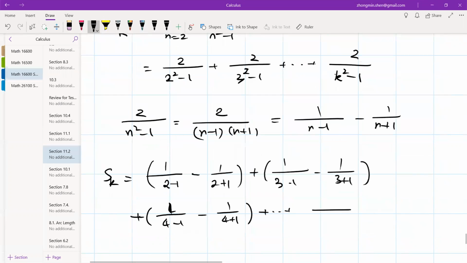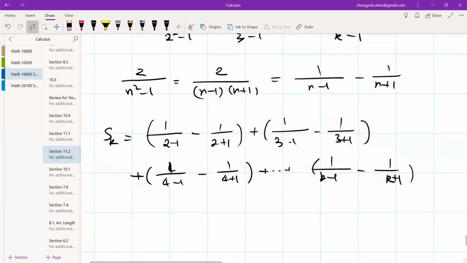And just keep it going, up to 1/(k minus 1) minus 1/(k plus 1). I can see lots of terms cancel out. Yes, they cancel, but in the following way. This cancels with that. Be careful.